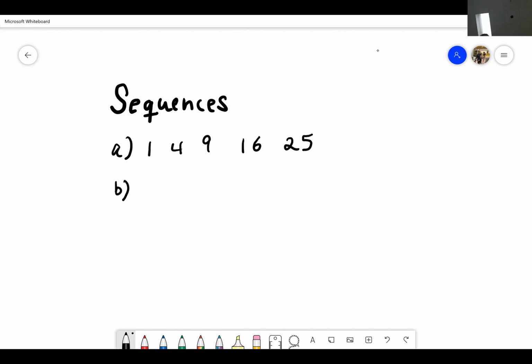I'm going to give you 1/2, 2/3, 3/4, 4/5, 5/6. What rule does it look like is there in that particular sequence?